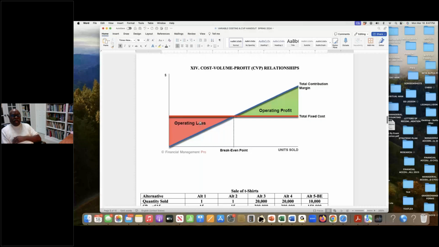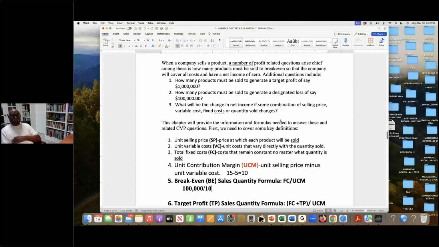Then, back to this information: a lot of the time, you're going to have to be able to not only determine break even, but what quantity you need if you want to make $1 million, or if you're going to lose 100,000 in your first year, what quantity will be produced.